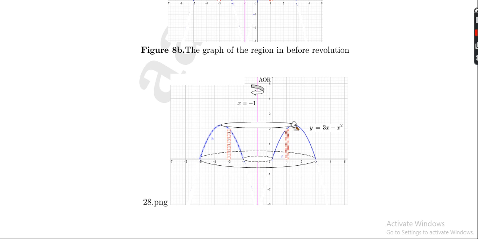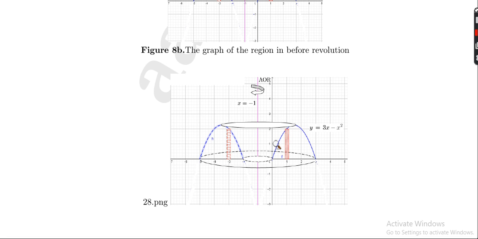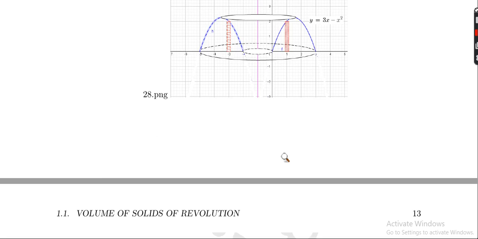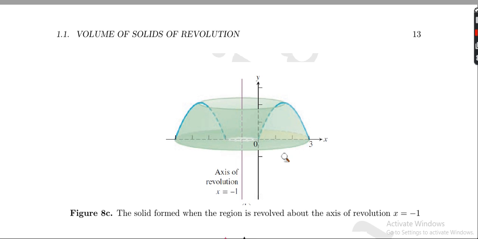And also, if you look inside the solid, the wall of our solid is a curve. Okay, so that is what our solid looks like. And then, if we present it properly, this is how it will look.